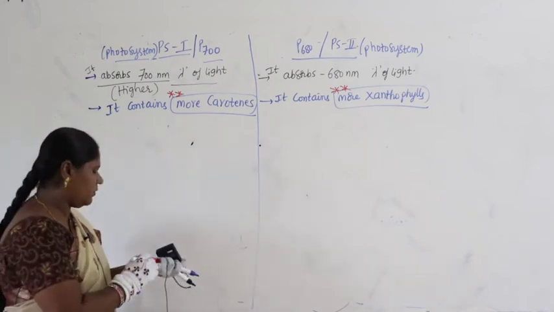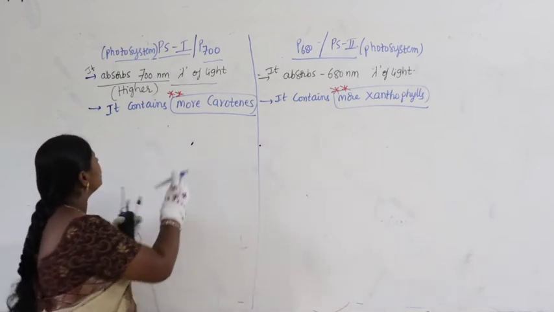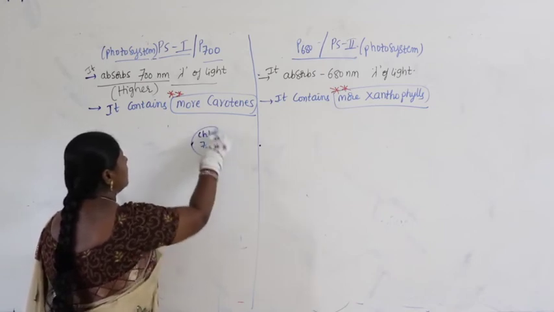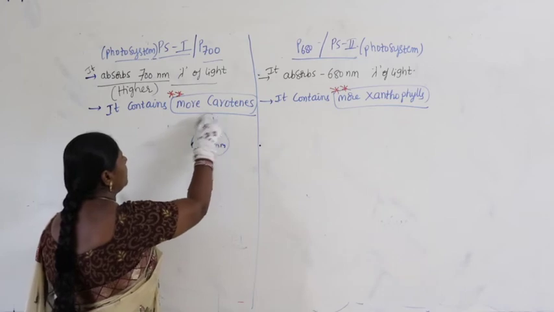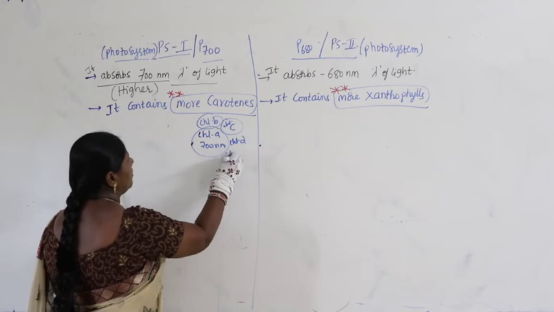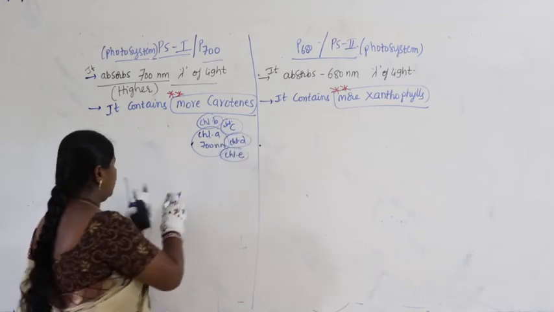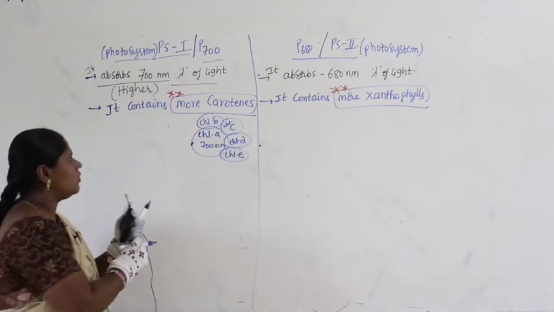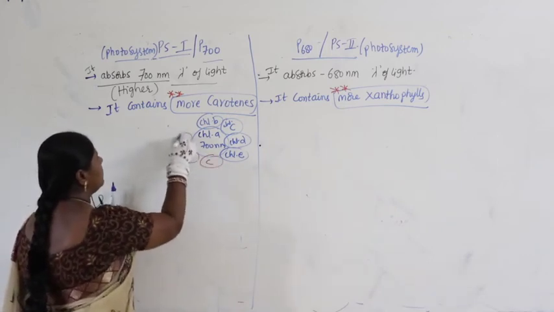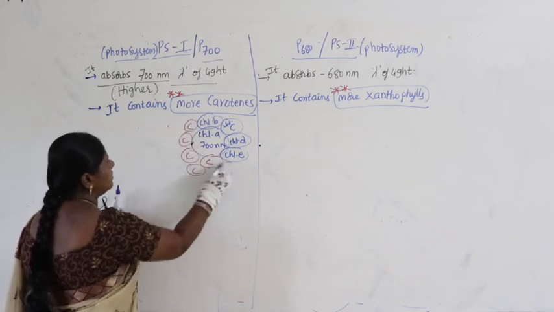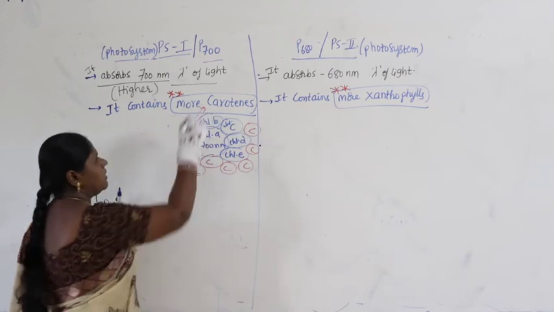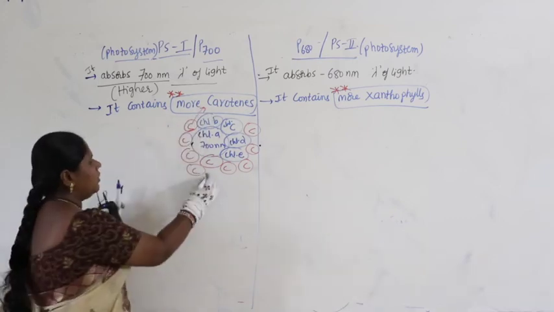Guys, did you remember? We have discussed that chlorophyll A absorbs 700 nanometers, surrounded by chlorophyll B, chlorophyll C, chlorophyll D, chlorophyll E, and then more of carotenes. C means carotenes, you can see more number of carotenes.